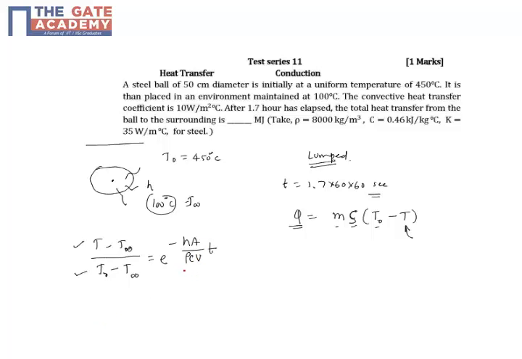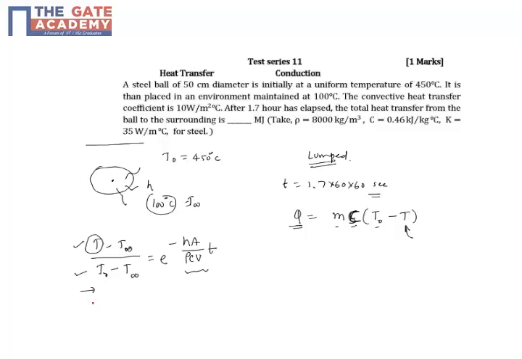So these are a bunch of parameters which you know. h is the heat transfer coefficient, A we know is 4 pi r square for a sphere, V is volume, C is specific heat, and rho is density. Here I have used specific heat C throughout so that we will be consistent, and time is also given. From this expression we can get the temperature at time t. Substitute on the right side of the equation and we get the answer.